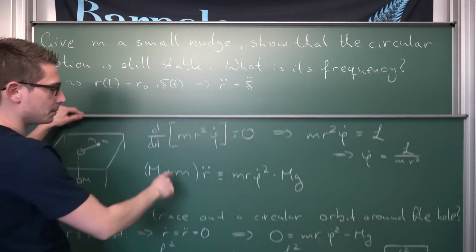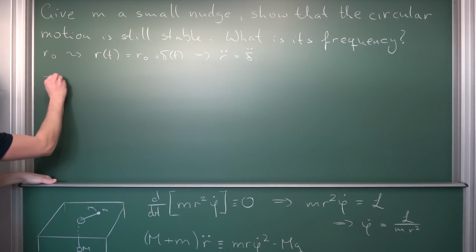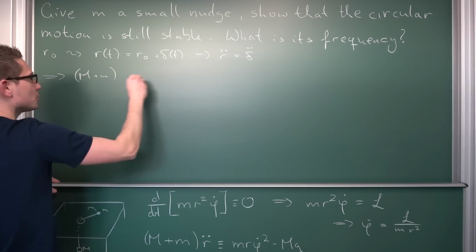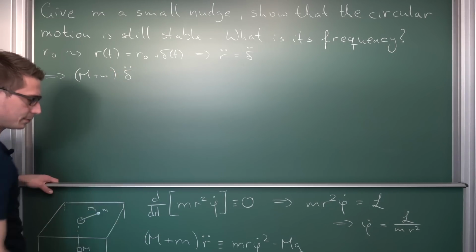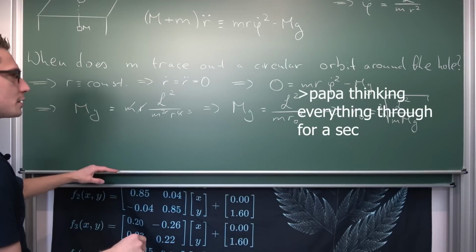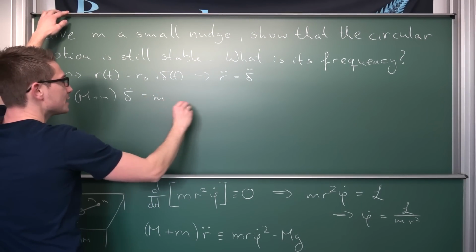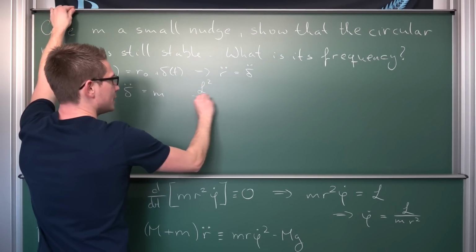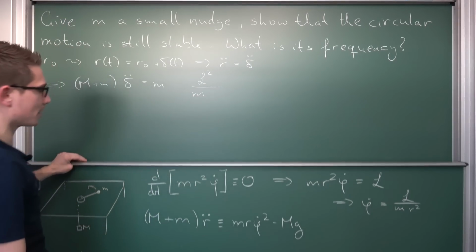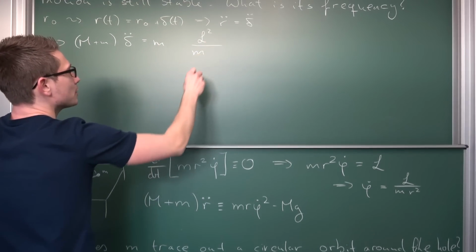And now we can plug what we have into here, meaning overall we're going to have that m times r double dot, which is nothing but m times delta double dot, is, let us plug everything in and then see what we get. This right here is going to turn into L squared divided by m times the regular radius, basically, this new radius that we're going to have here.